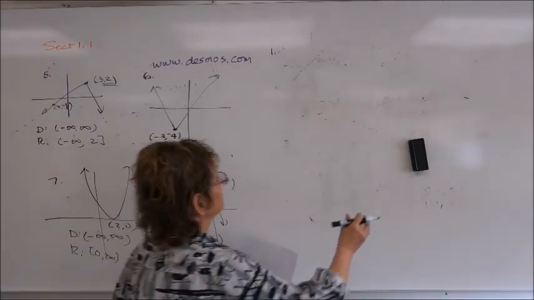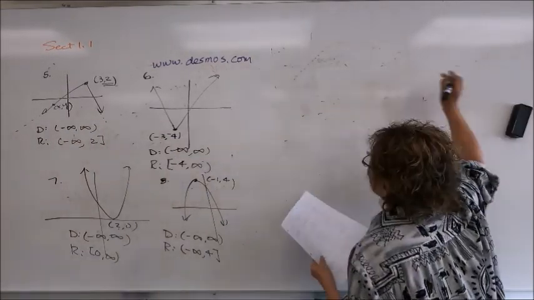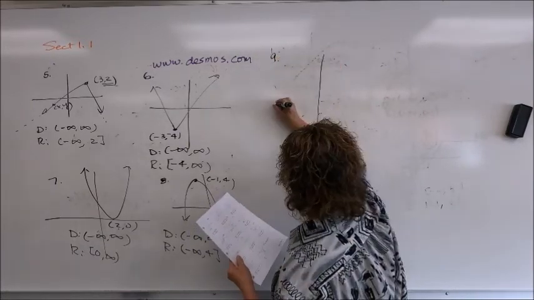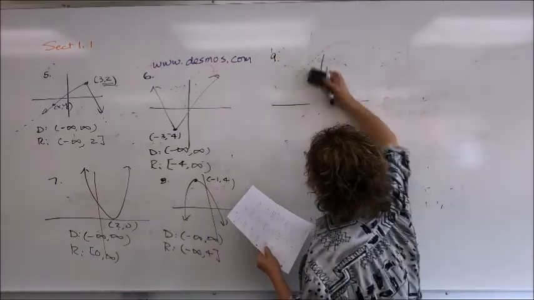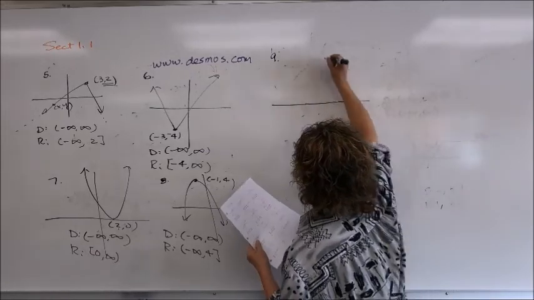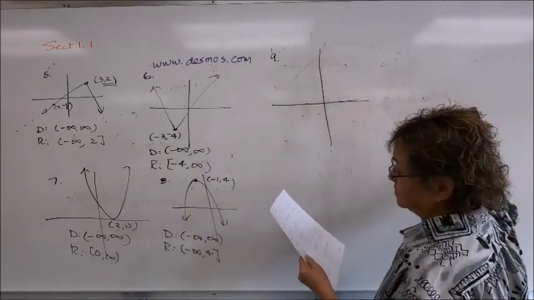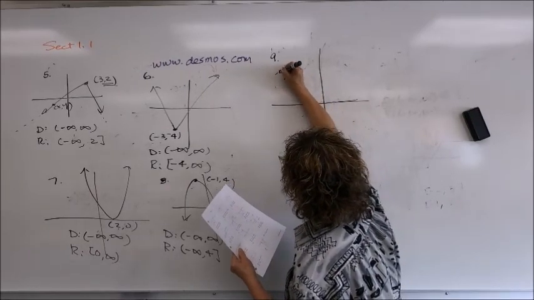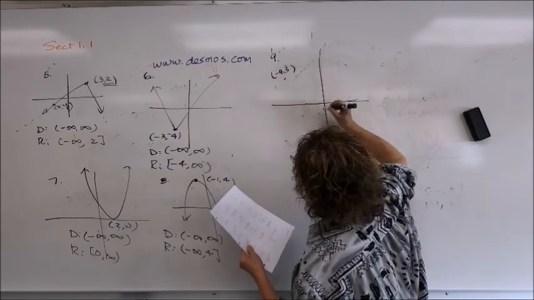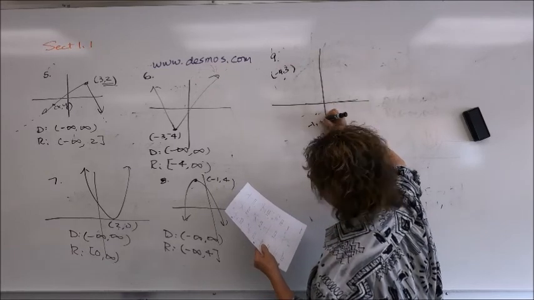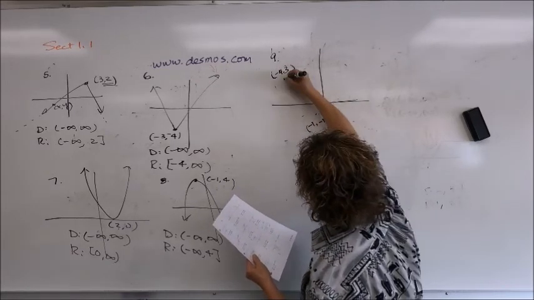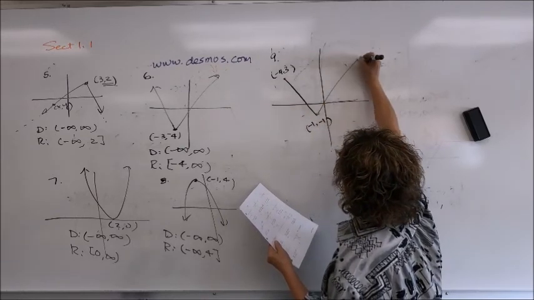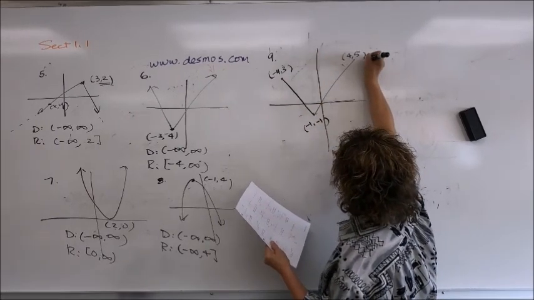Okay? So let's see. Number 9. And we have this graph. So we have here -4, 3. Then you go through -1, -1. Come down here. You go up again to the 4, 5.